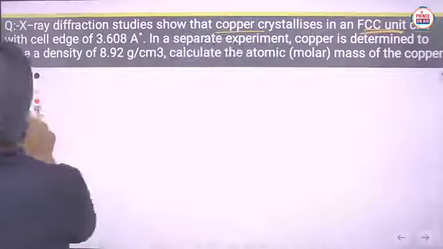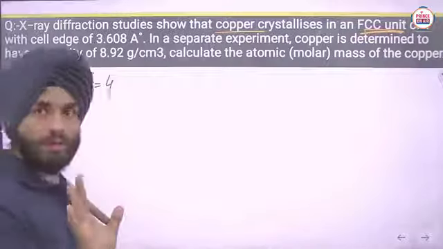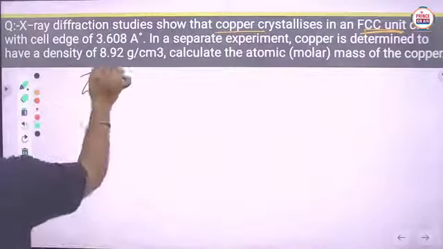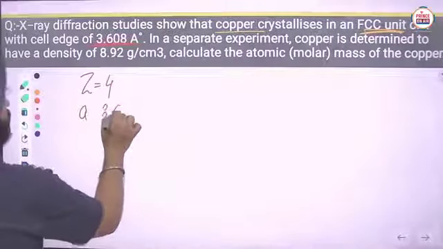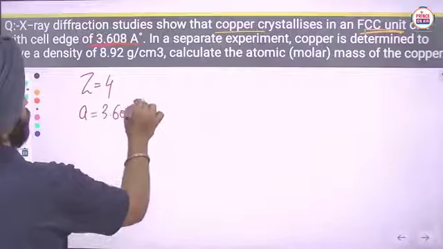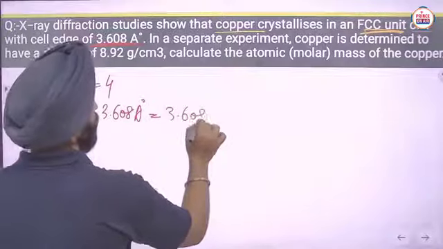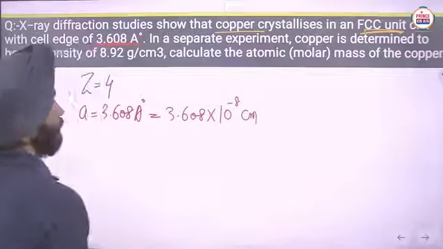If it is FCC, the Z value is 4. All of you know how it comes. With cell edge A equal to 3.608 angstrom, which comes out to be 3.608 into 10 raised to the power minus 8 centimeter.